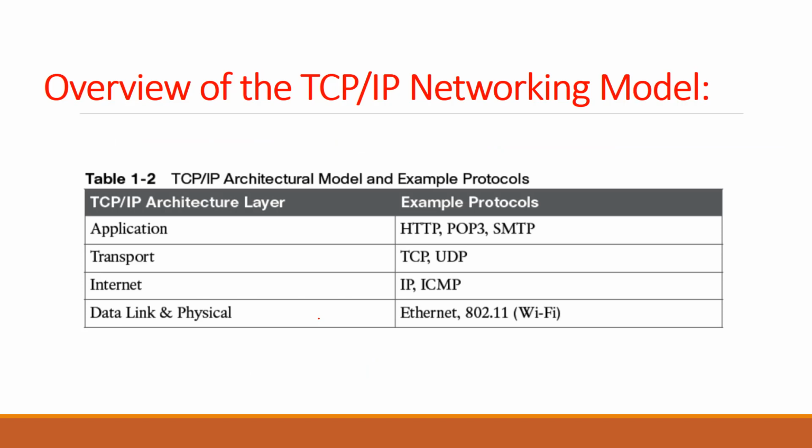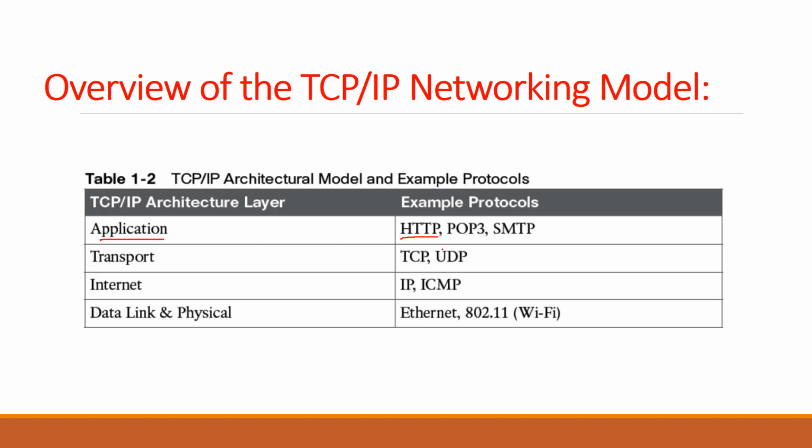So, let's give some examples of protocols that each layer uses. As you saw, the TCP/IP uses 5 layers. For the application layer, what is the application that you are going to do on your computer? If you are going to browse a website, you will use HTTP.